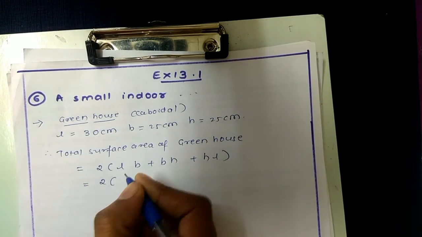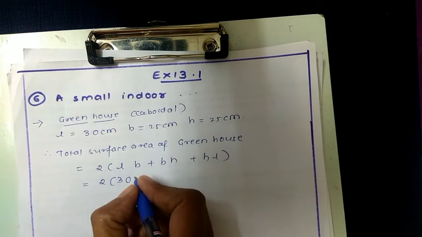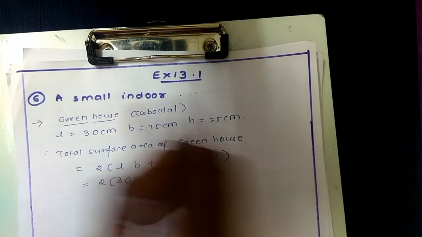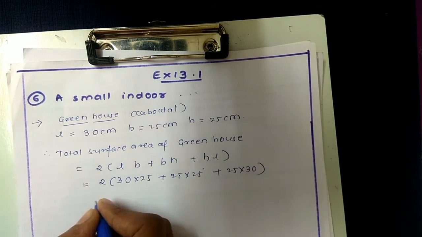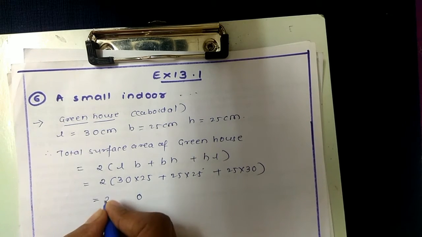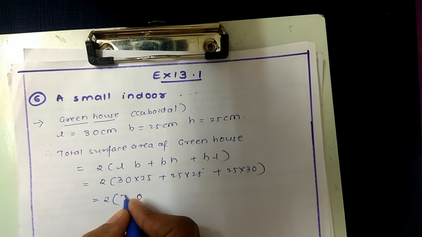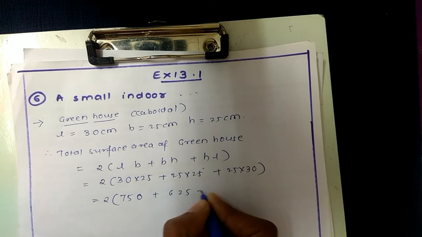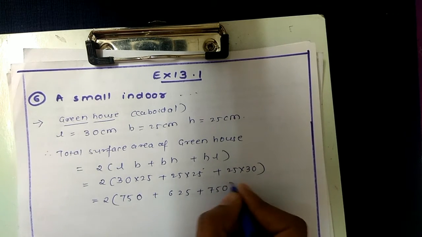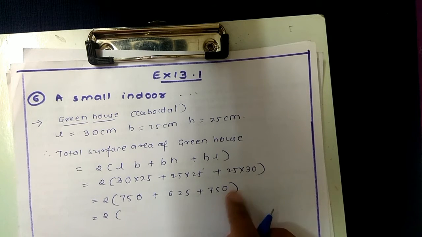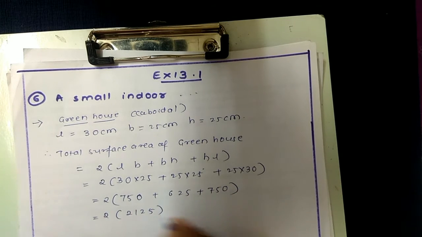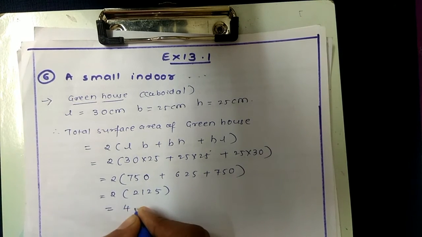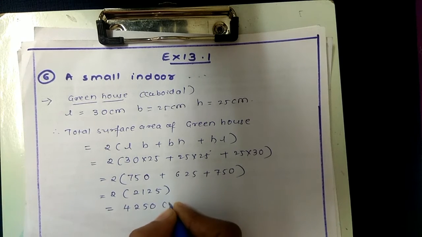Put the values here: 2 into 30 into 25 plus 25 into 25 plus 25 into 30. 25 3s are 75 and this 0, plus 25 into 25, square of 25, that is 625, plus 25 3s are 75 and 0. Add these all three things. We get 2125. 2 into 2125 you have to multiply. That will give you 4250 centimeter square.